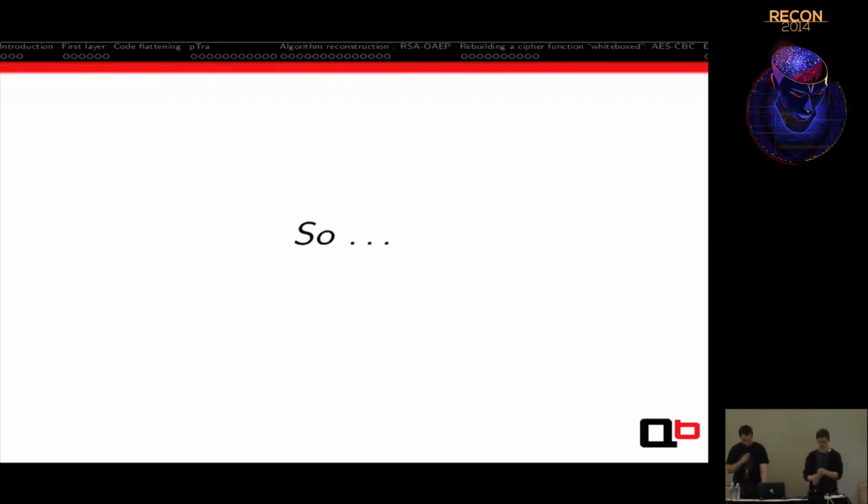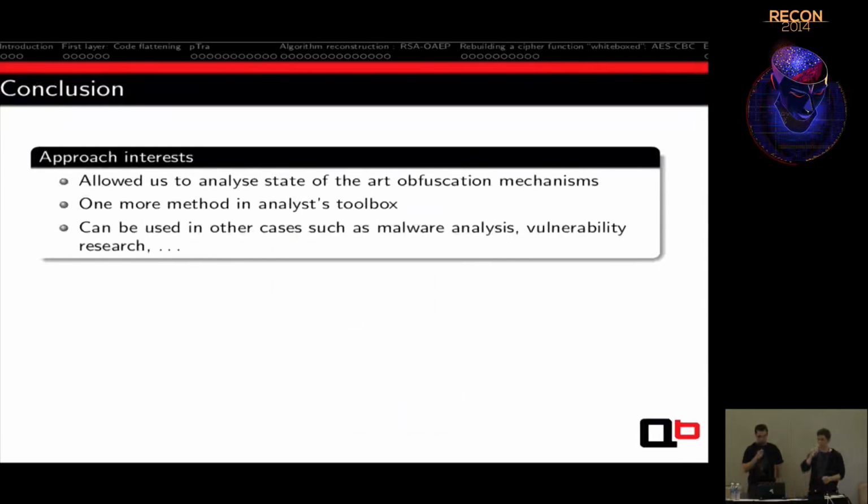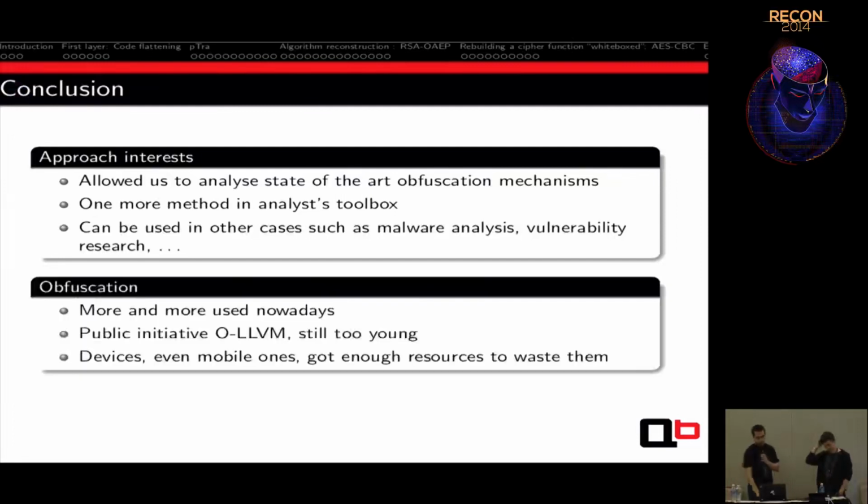In conclusion, what we can retain of our approach is that it allowed us to analyze a state-of-the-art obfuscation mechanism in the DRM. For us, it's just one more method in the analyst toolbox, but it can be reused for other cases like malware analysis or even vulnerability research.